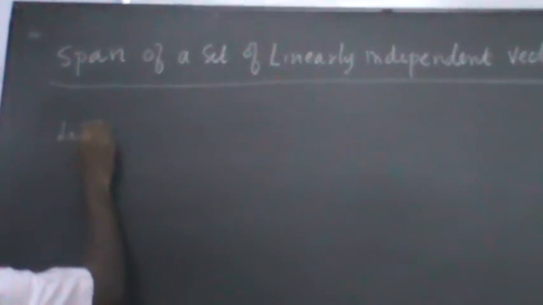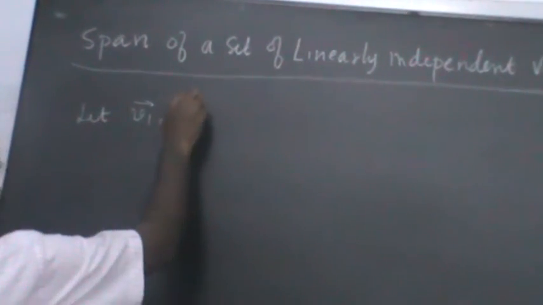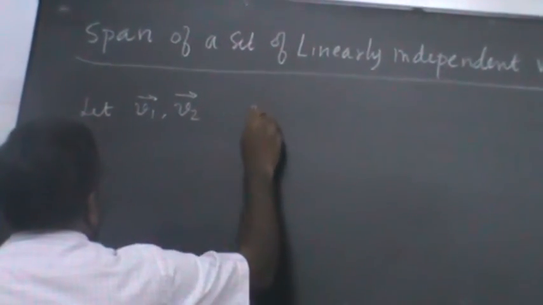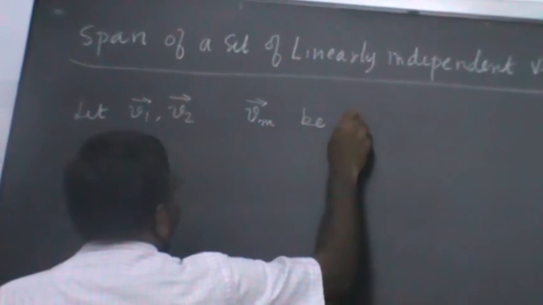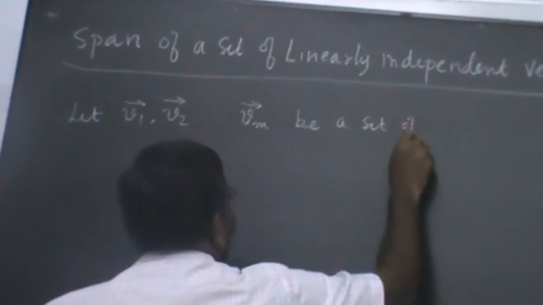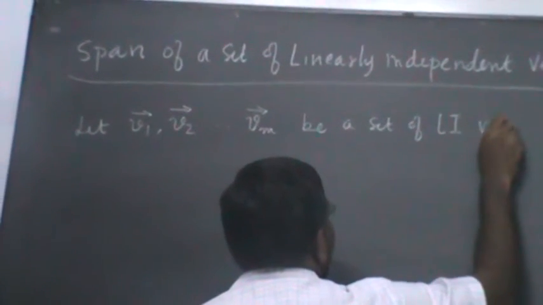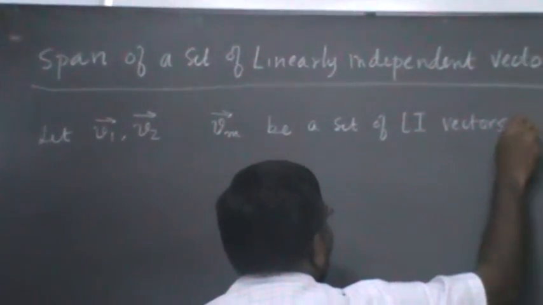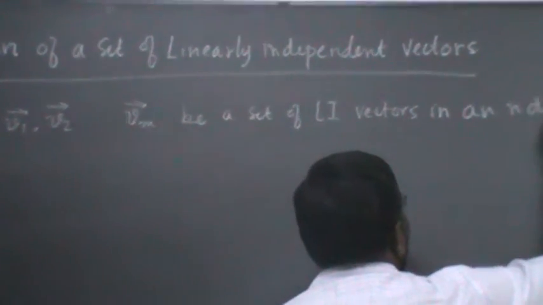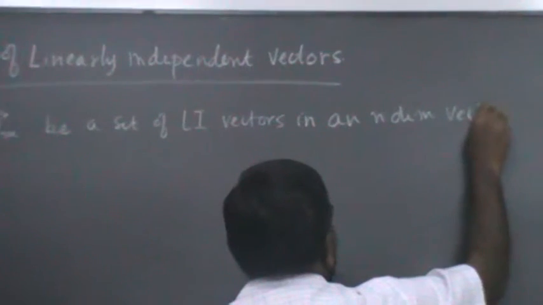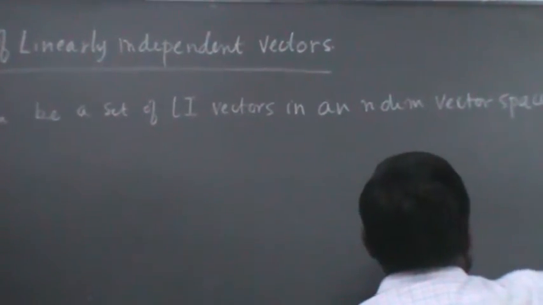Let V1, V2, etc. Vm be a set of linearly independent vectors in an n-dimensional vector space, such that m is less than n.